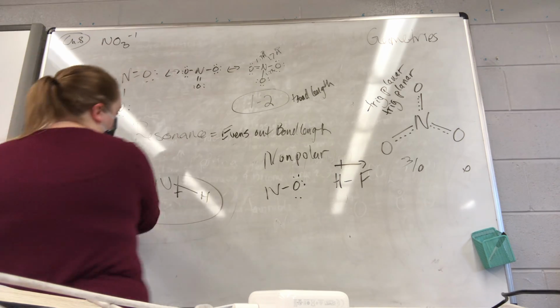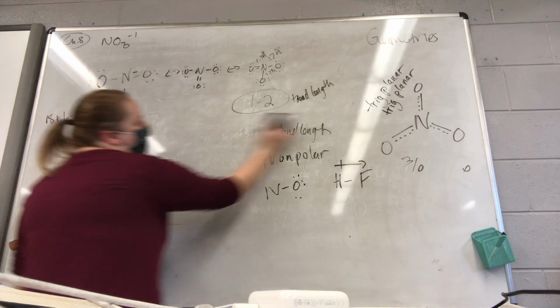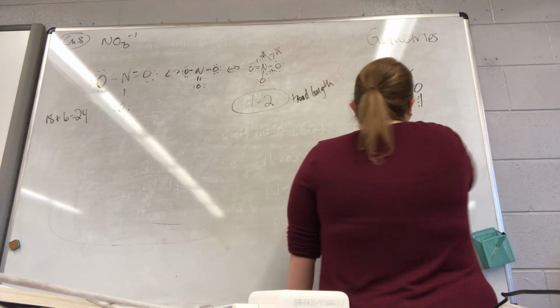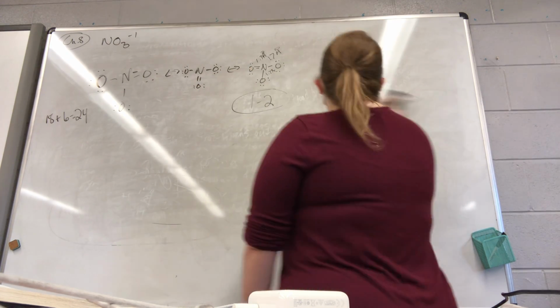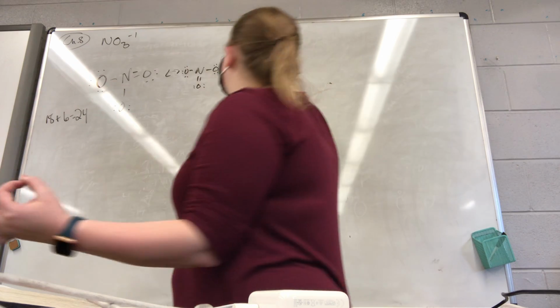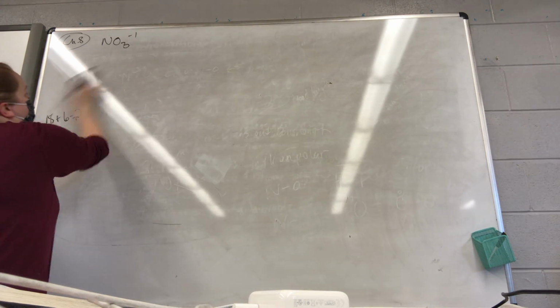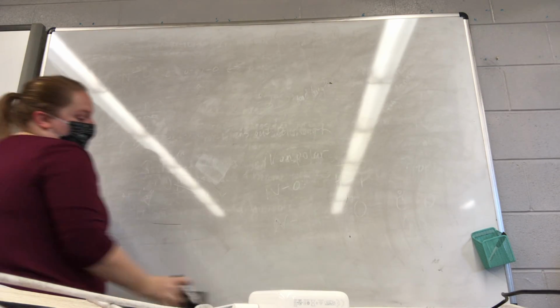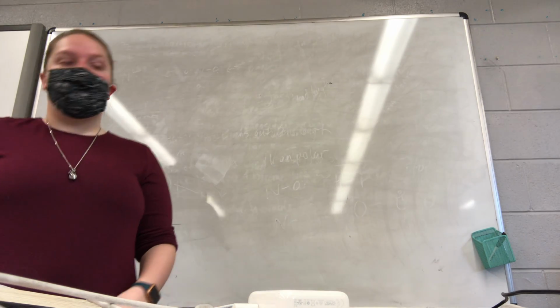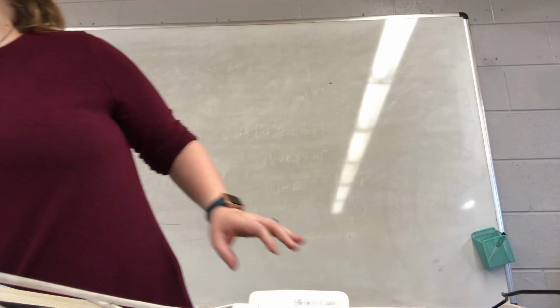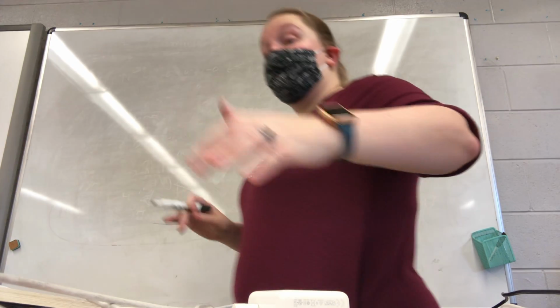Bond enthalpy. Sorry, I lied. One more thing that we learned in chapter 8 is how to calculate delta H using individual breaking and forming of bonds. This is number 3 on your exam 3.